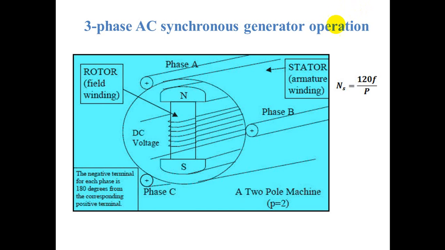Then, as the conductor rotates further, the conductors AB and CD are under the N pole and S pole respectively.